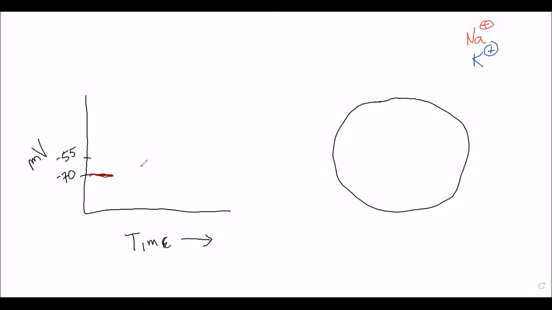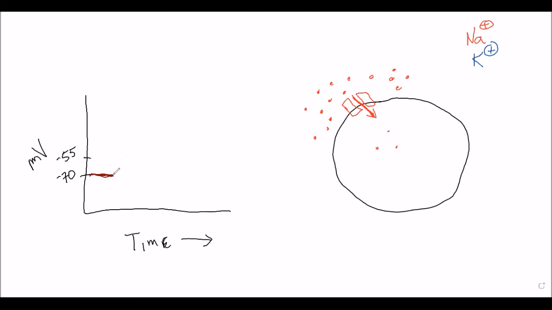There's another magic number for you, negative 55. Then these sodium channels are going to start to open. Now, they're not going to open all the way. Remember, these are already leaky. And sodium, like you told me, is going to want to go into the cell.